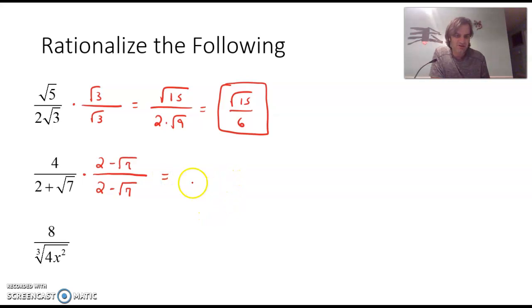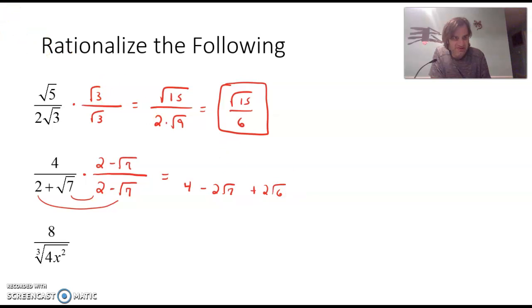So if you are comfortable doing FOIL, what we have here is a binomial times a binomial. So the first term on the denominator would be 2 times 2 is 4. The second term would be the outer, that would be minus 2 square roots of 7. The inner term, so there's the outer, there's the inner, would be plus 2 square roots of 7.